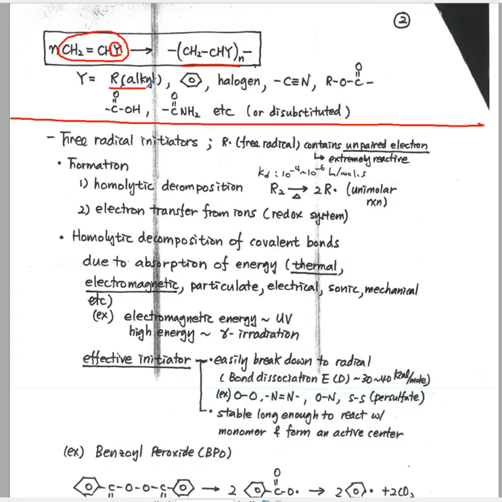It could be an alkyl chain or benzene. If it is benzene, what is that? It is polystyrene, right? If it is a halogen, such as chlorine, that is PVC, right? Polyacrylonitrile or some other polymers. So vinyl polymers are generally synthesized using this free radical addition polymerization.